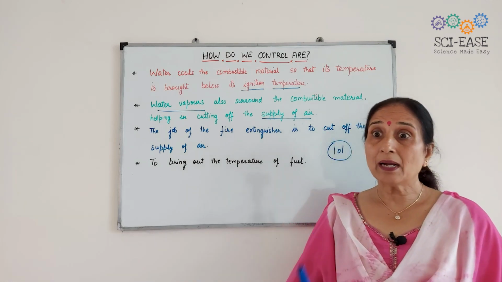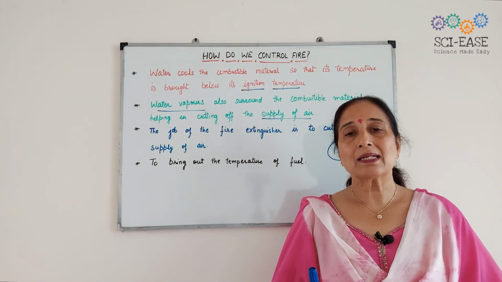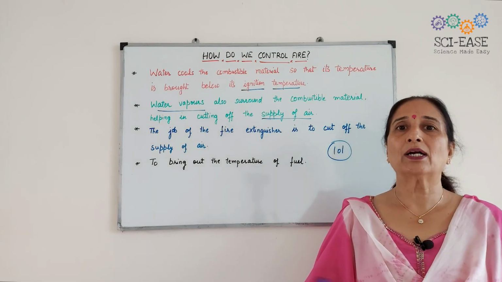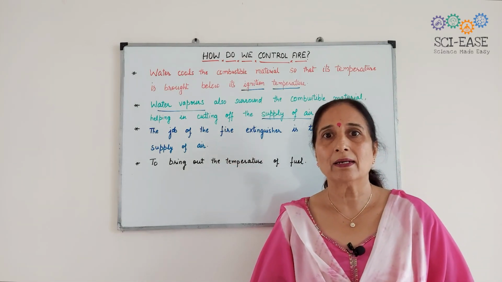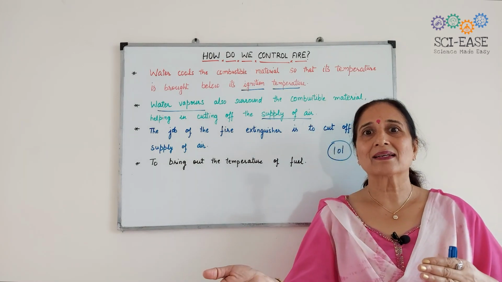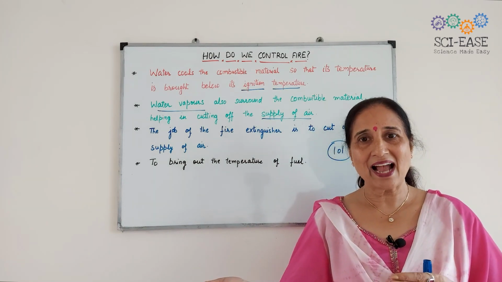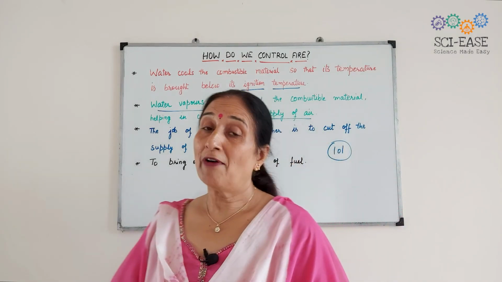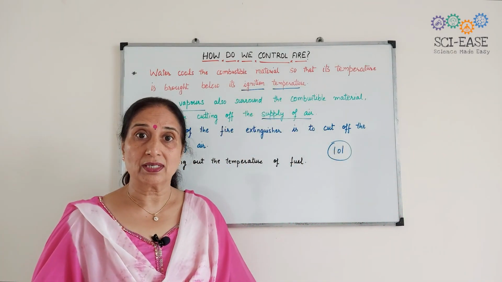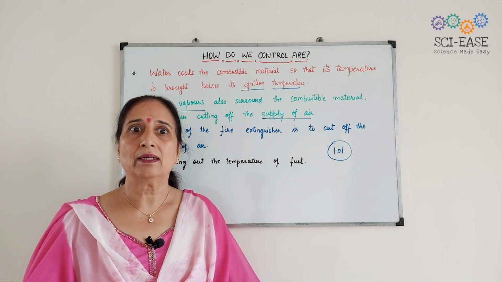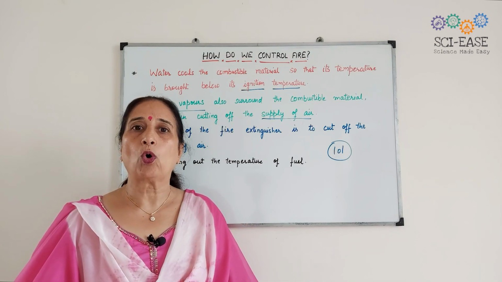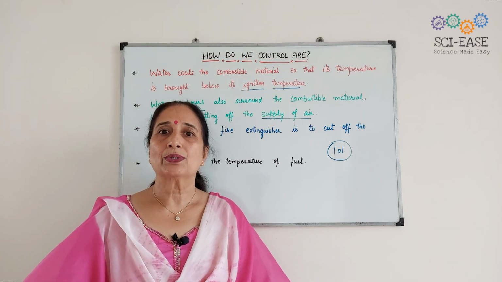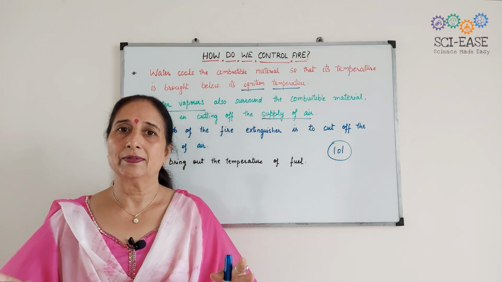And sometimes chemicals like sodium bicarbonate or potassium bicarbonate can be sprayed because they release carbon dioxide gas to extinguish the fire. If the fire is very dangerous and we can't control it, immediately call the fire services. They will help you to control the fire.